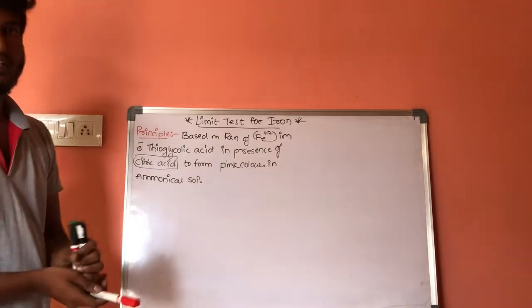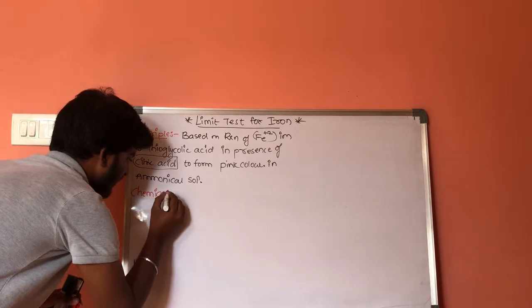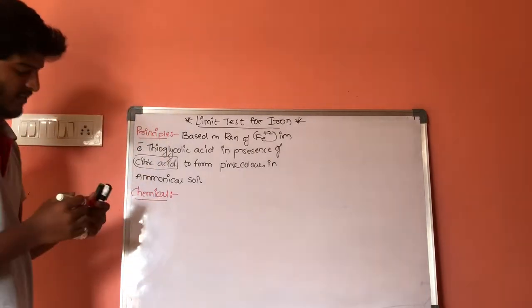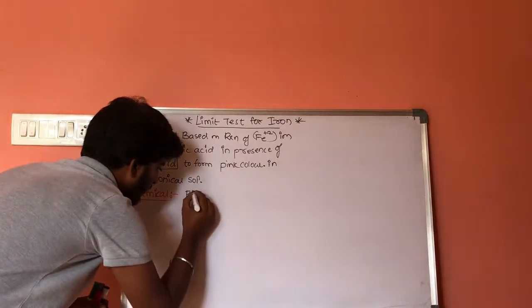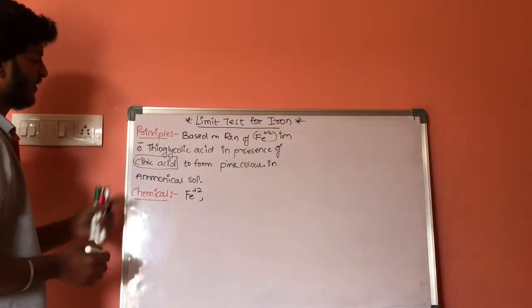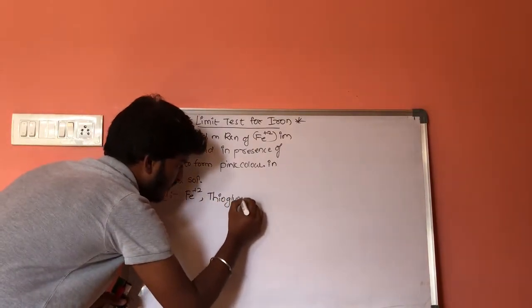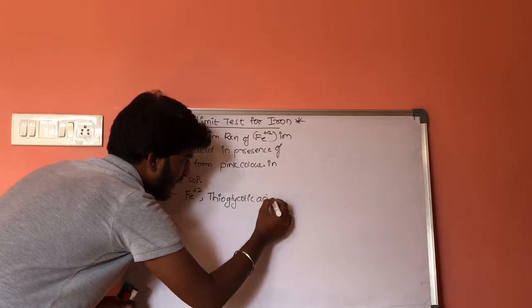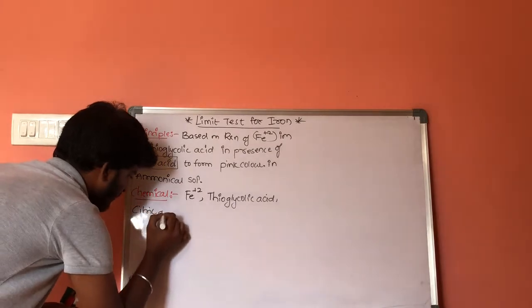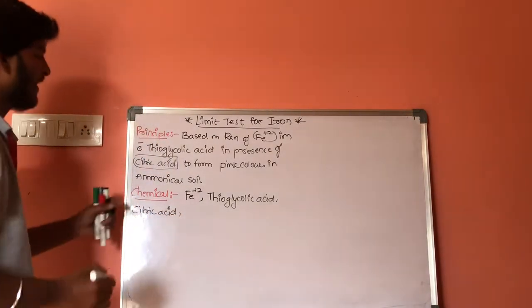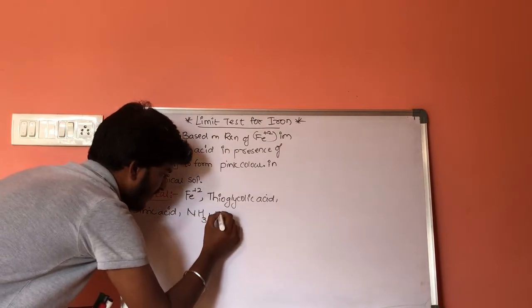If we discuss the chemicals which are required: iron Fe+2, thioglycolic acid, citric acid, ammonia and water.